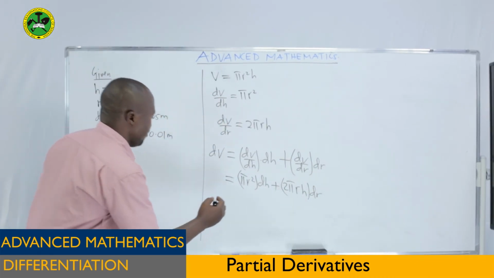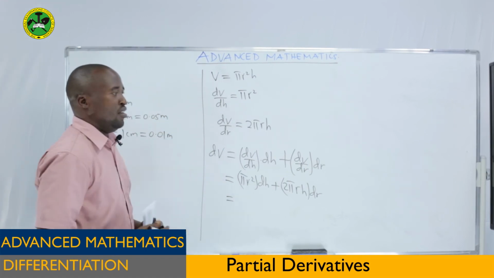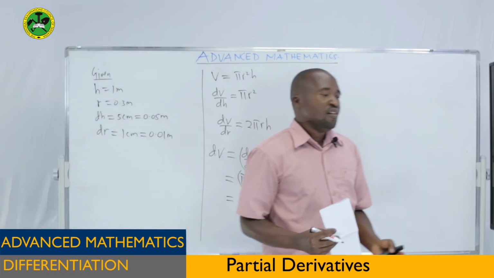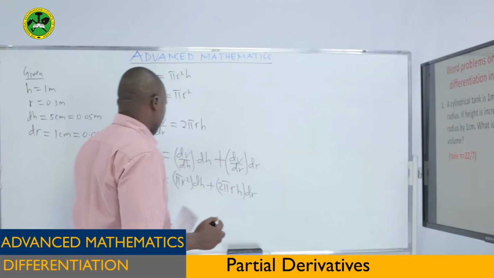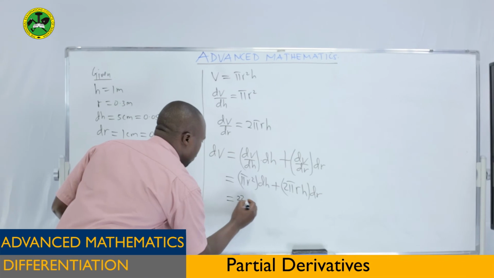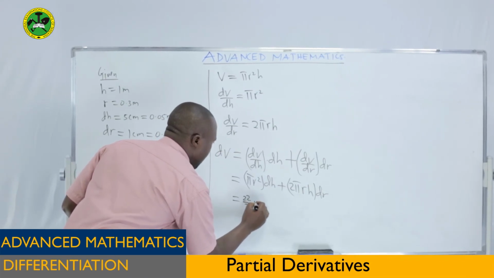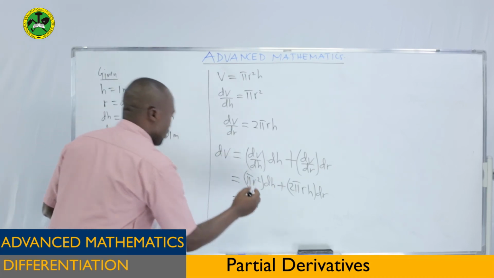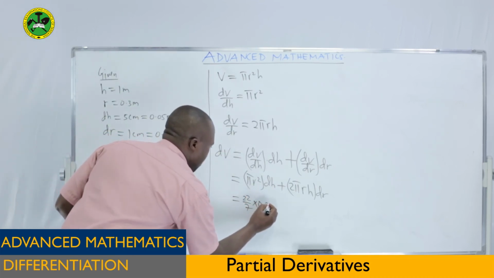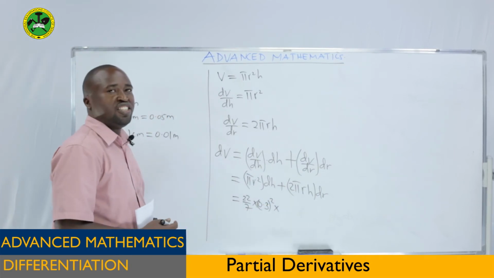So in this case, we've been given pi is equal to 22/7. So we have 22/7 times radius squared. So radius squared, we have 0.3 squared, then times dh.